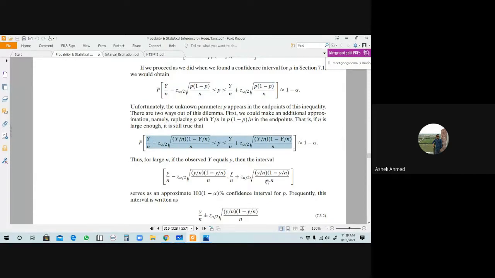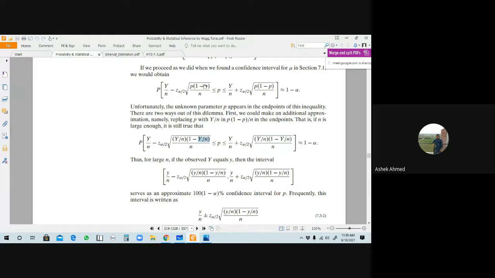You have to understand that for finding the confidence interval for proportion, you have to use this interval. Note it down. The interval will be y by n minus z sub alpha by 2 times root over y by n into 1 minus y by n.